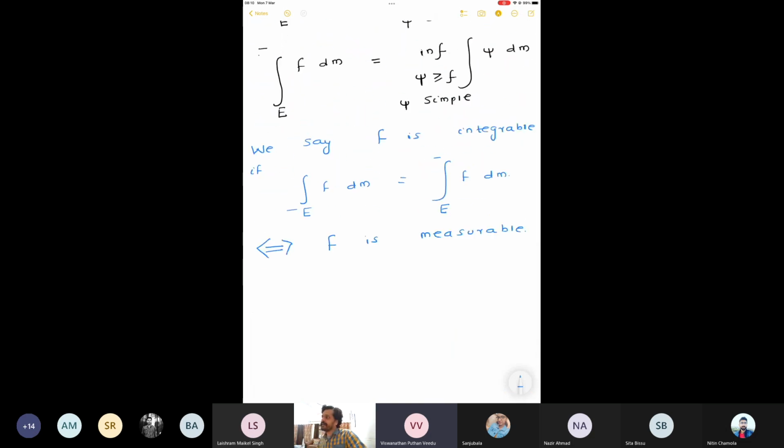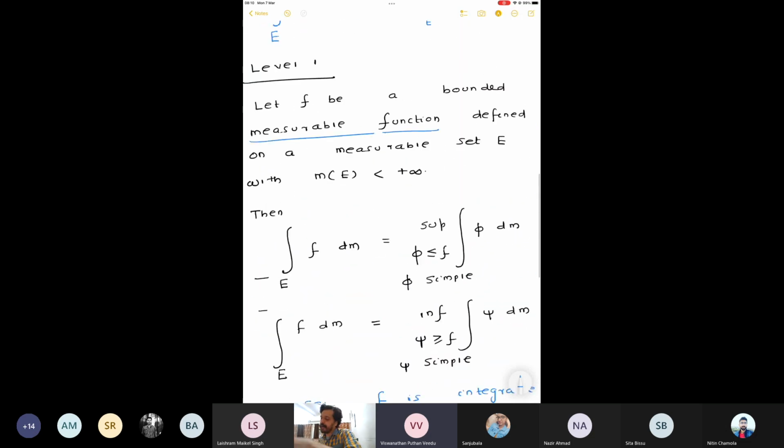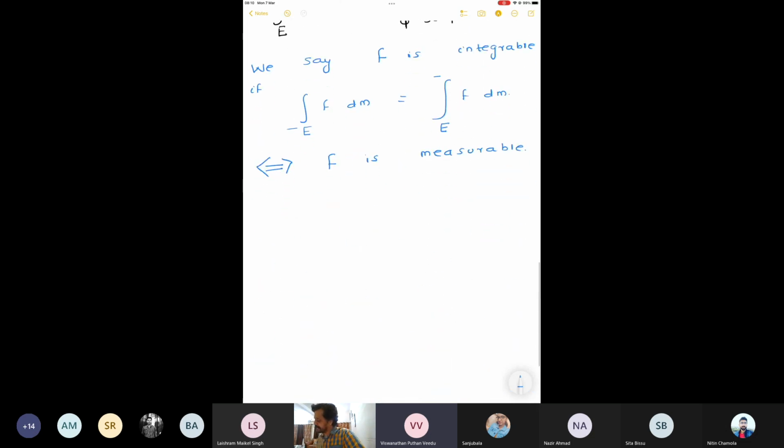So having defined the integral for a bounded measurable function, again we wanted to see whether it satisfies all the linearity properties and so on.